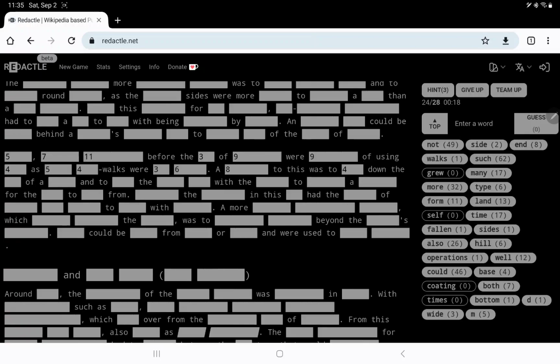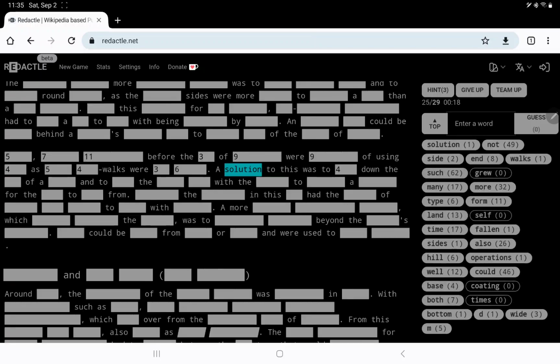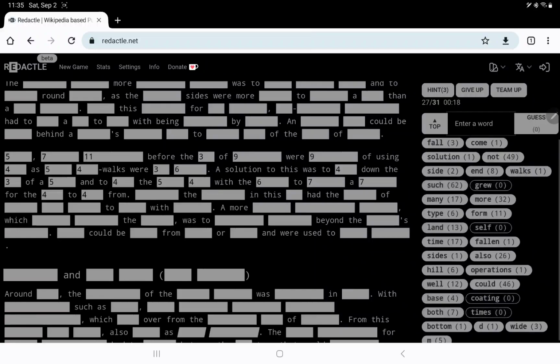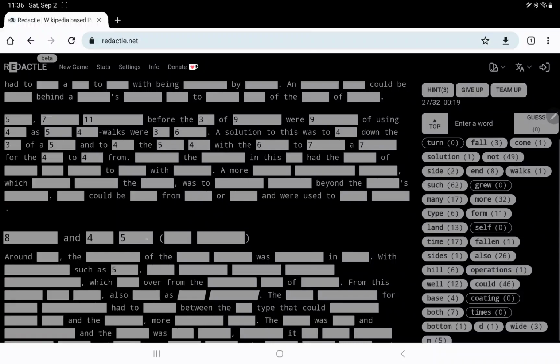A blank to this, a solution to this was to blank down the blank of a blank and to blank the blank with a blank to blank from. To come from, to fall from, for something to drink from. Was to turn down. Turn down for what? That's what I want to know.